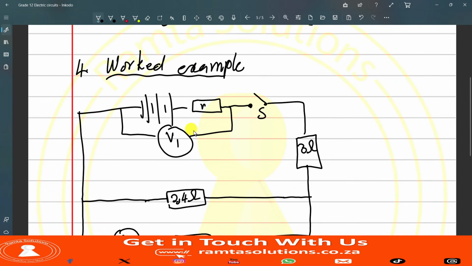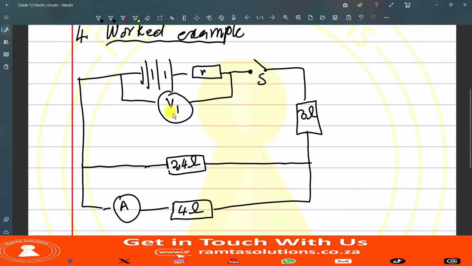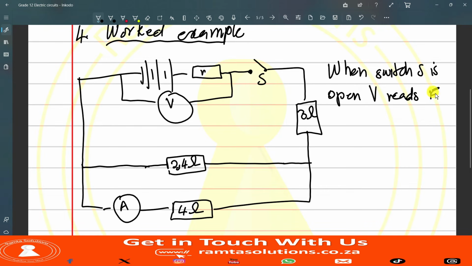Let me just leave this one as V. So we will say when switch S is open, V reads 15 volts.